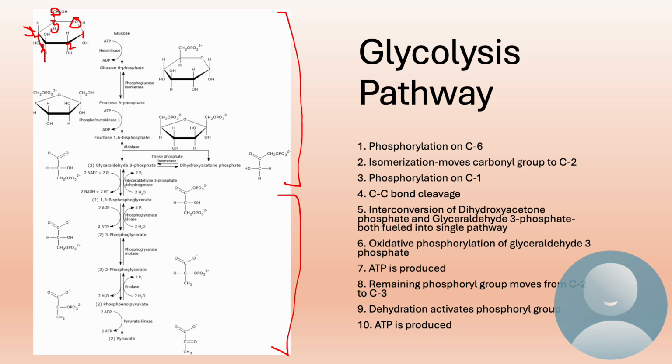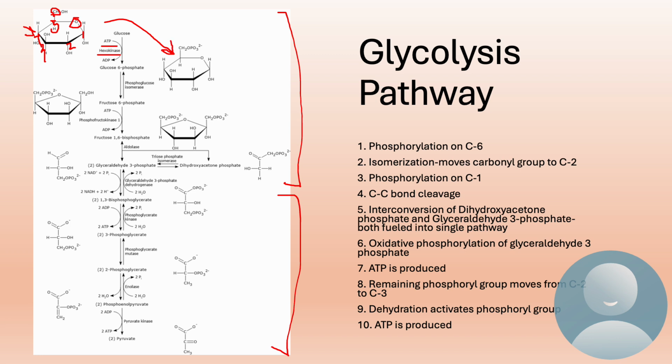So the first step in this reaction is the phosphorylation of carbon 6, where a phosphate group is added onto this 6th carbon. This is facilitated by the hexokinase enzyme, and a single ATP molecule is put into that. And this yields a sugar called glucose 6-phosphate.